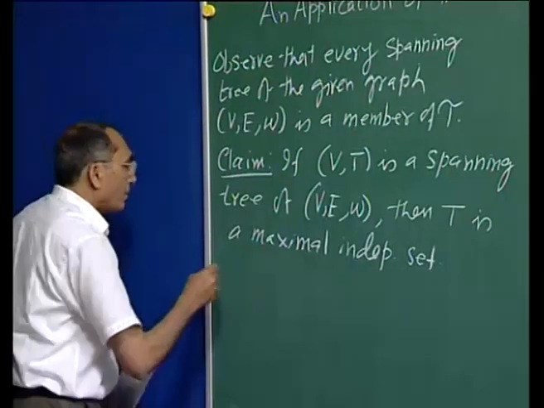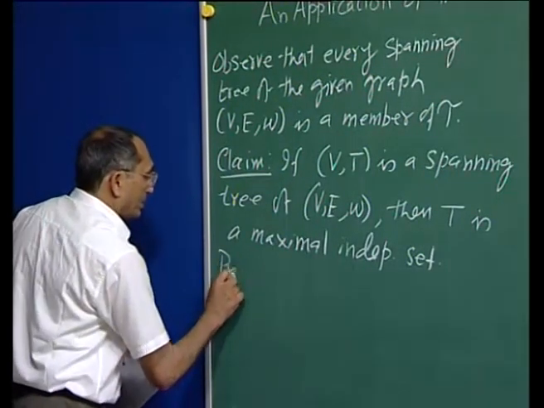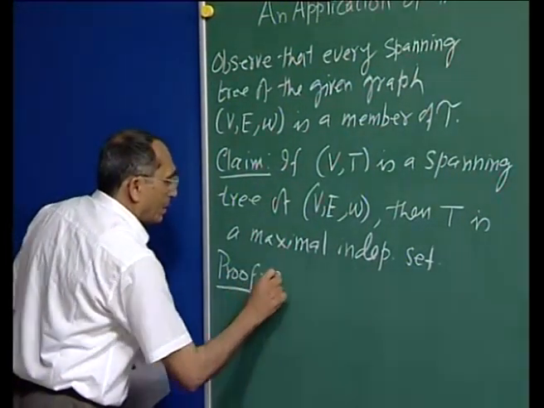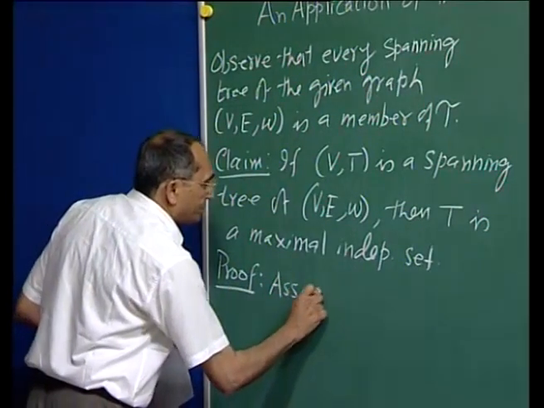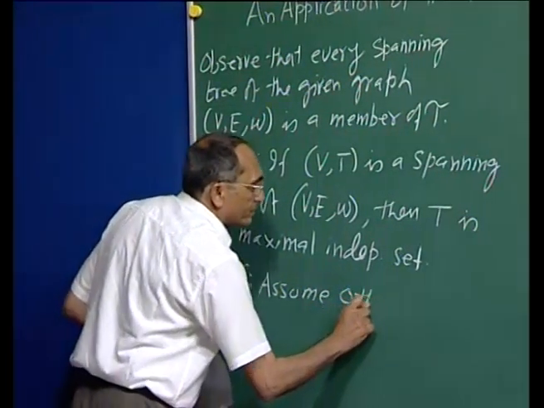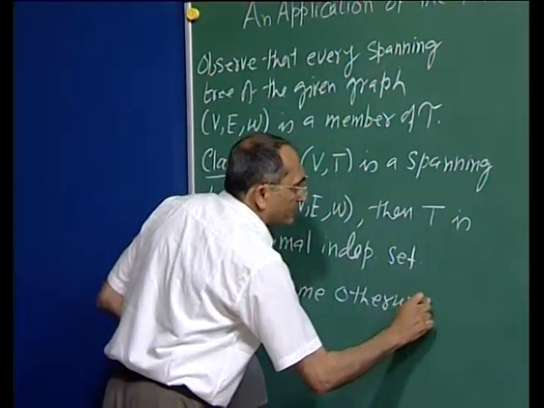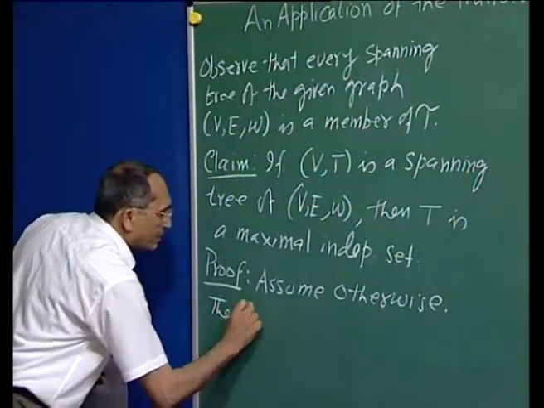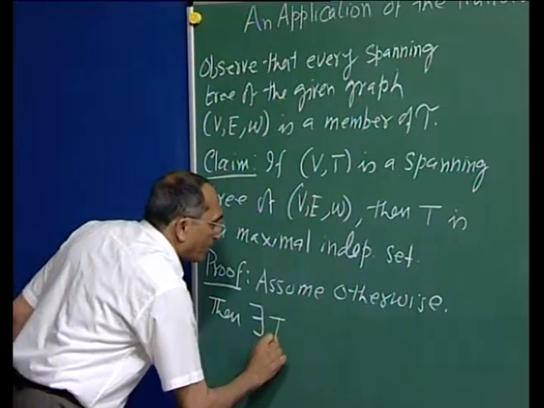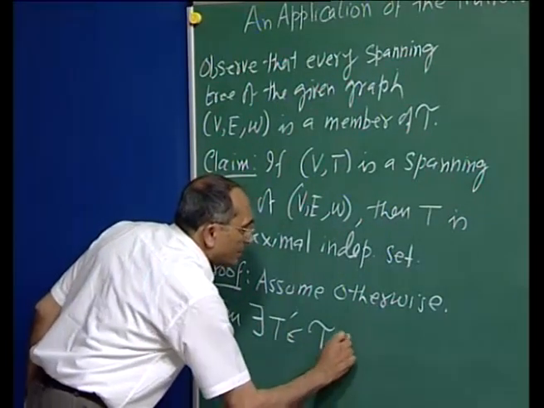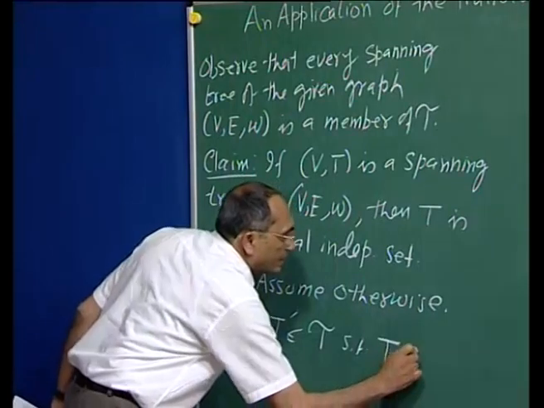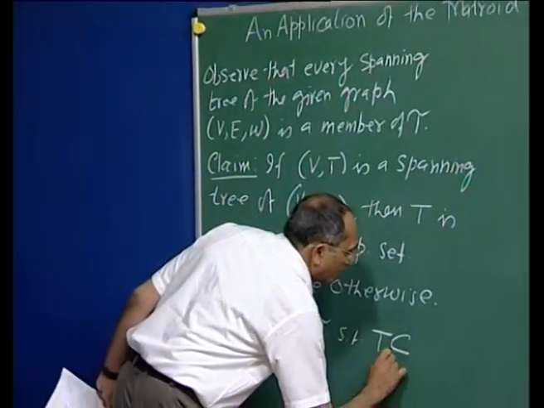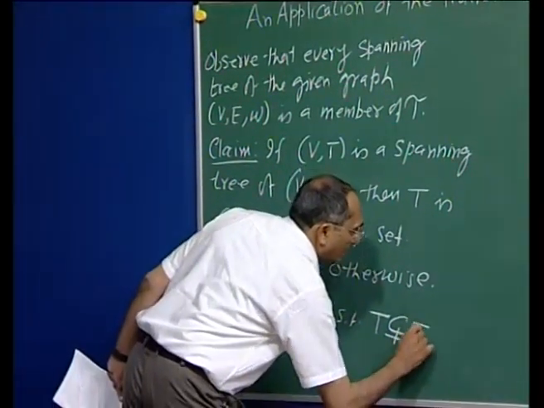Okay. So, suppose, assume otherwise. Okay. Then there exists T prime in script T such that T is a subset but not equal of T prime.